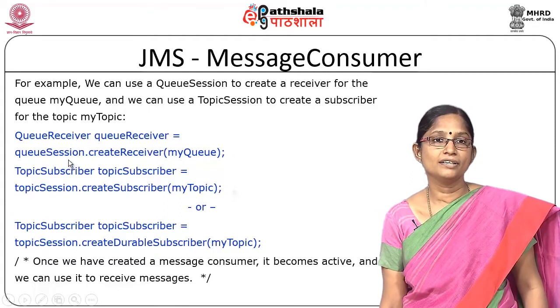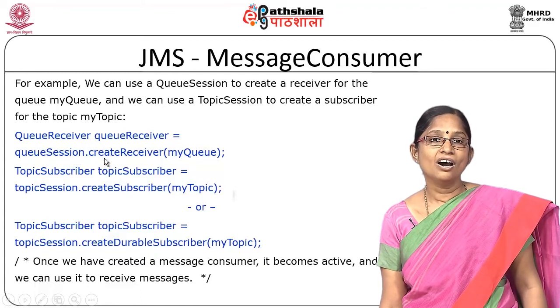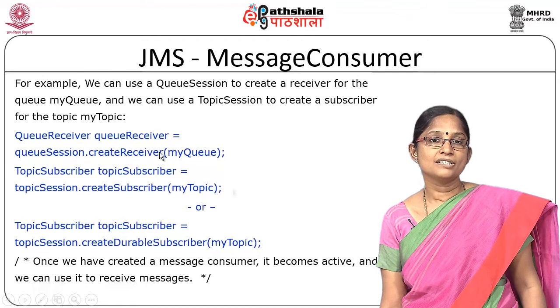This has been created from the queue session handle dot create receiver of, a method called over the queue session object by passing my queue as the parameter. Now, we would get a message consumer. This message consumer is called queue receiver.